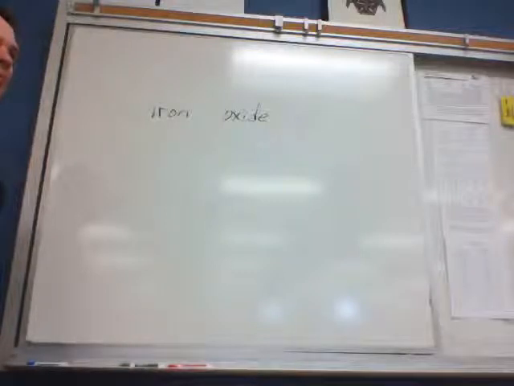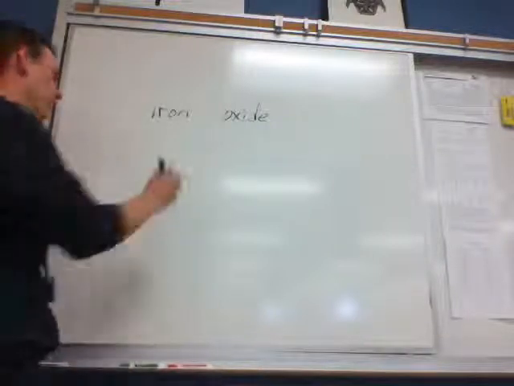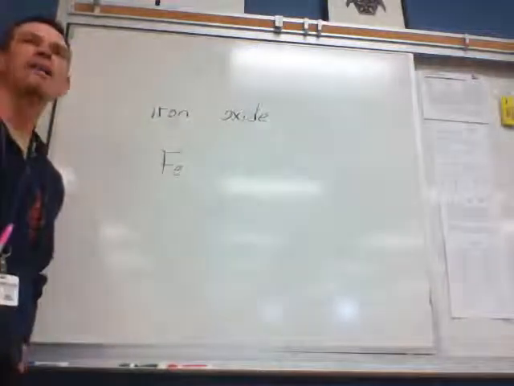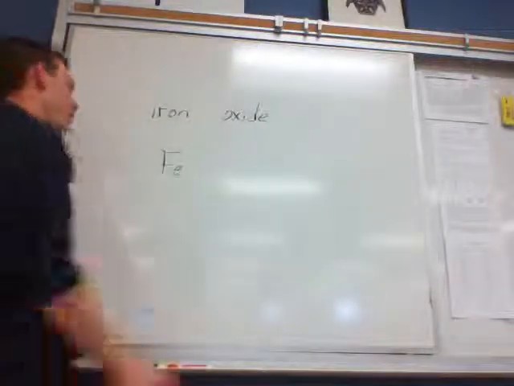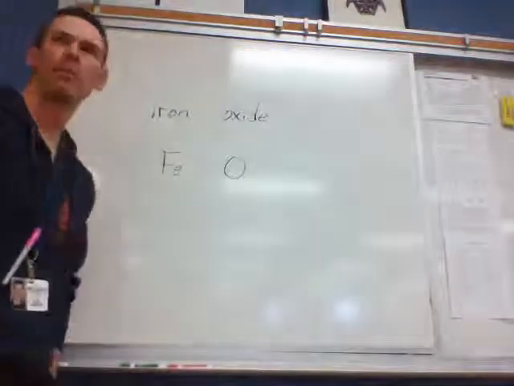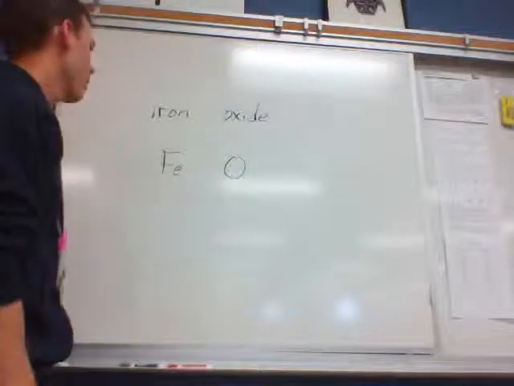Iron oxide. Don't try to work ahead of me, you can't. Iron symbol is Fe. Oxide's symbol is just an O. Ide from the periodic table.